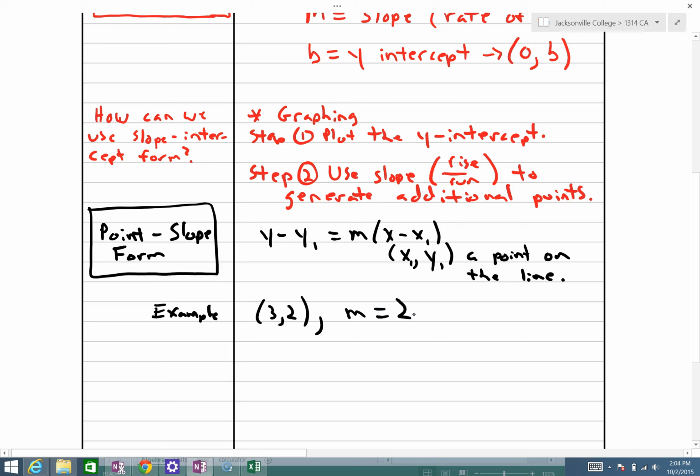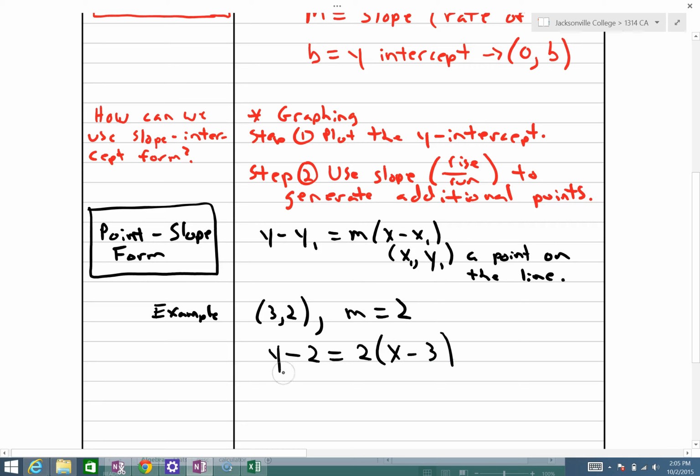I'm simply going to substitute each one where it needs to go. This 3 is x1, this 2 is y1, slope is 2. Y minus 2 equals 2 times (x minus 3).